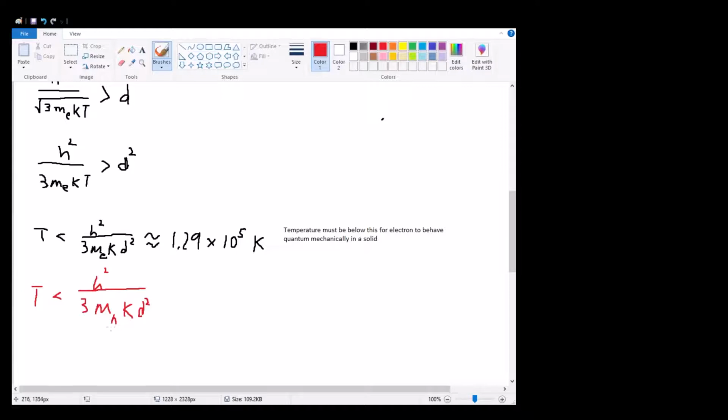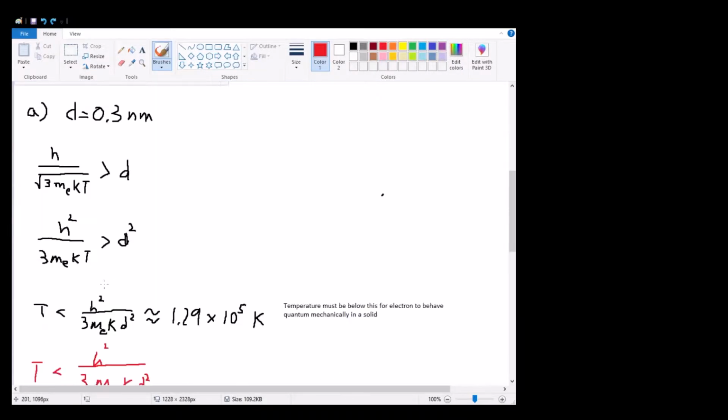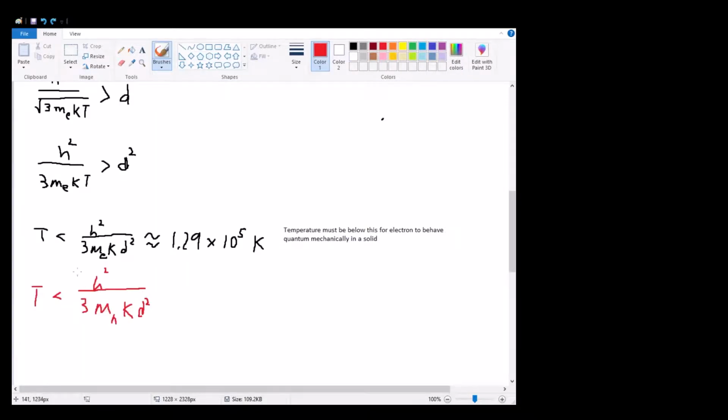And for the mass of a nucleon, well, in this problem, they specifically ask us to use silicon. Well, silicon has an atomic mass of 28, and if we translate that, it's going to equal roughly 4.66 times 10 to the negative 26 kilograms. So if we plug everything in the exact same as before, but replace the mass of an electron with the mass of a silicon nucleus, this is going to be giving us approximately 2.51 Kelvin instead.